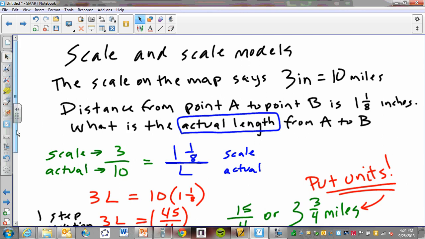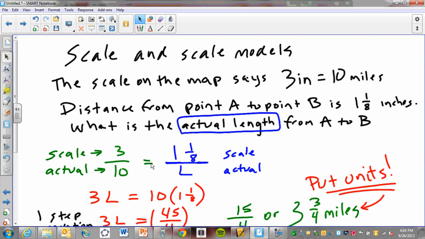Now we need to talk about scale and scale models. The instructions will say the scale on the map says 3 inches equals 10 miles. And the distance from point A to point B is about 1 1/8 inches. What is the actual length from A to B? Well, our scale says 3 inches is the same as 10 miles, so our scale and our actual.